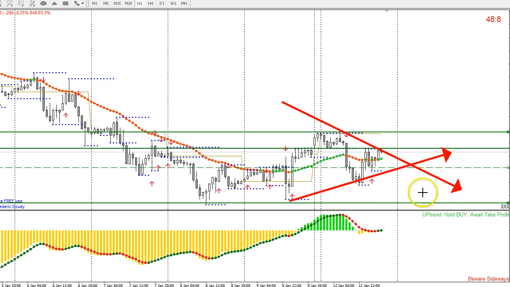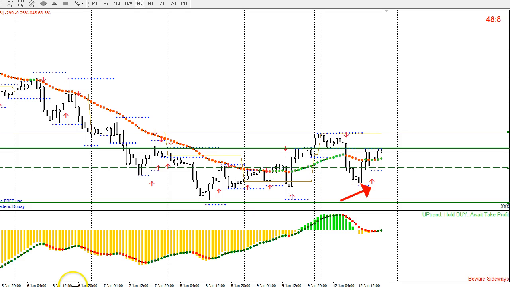As you can see, it almost creates a bit of a triangle, which is a continuation pattern, considering that the long-term trend is down. If it breaks that level here, it would be a stronger move as compared to up.